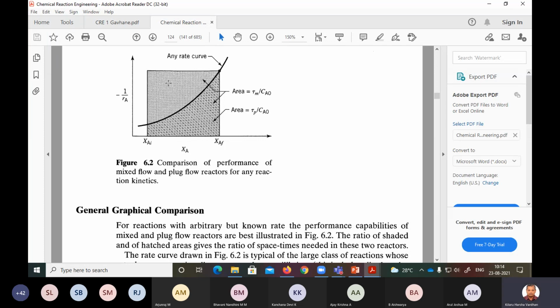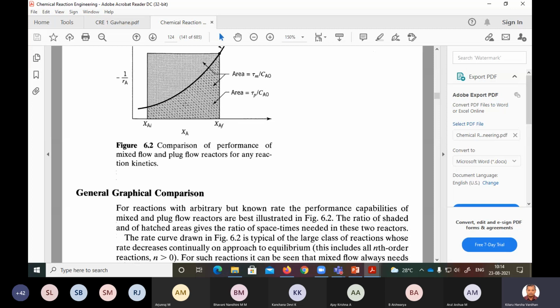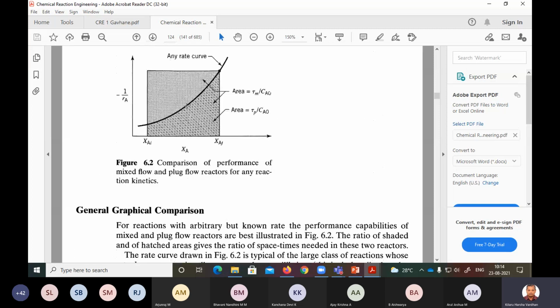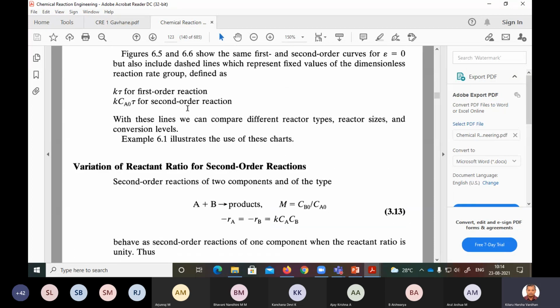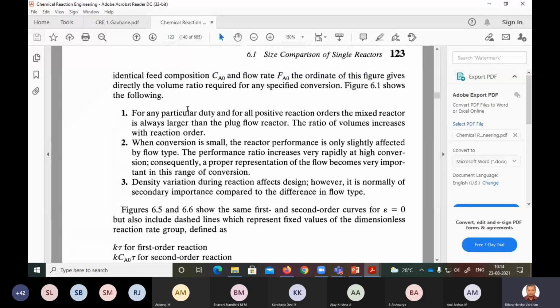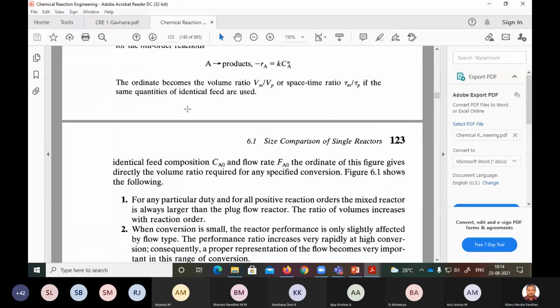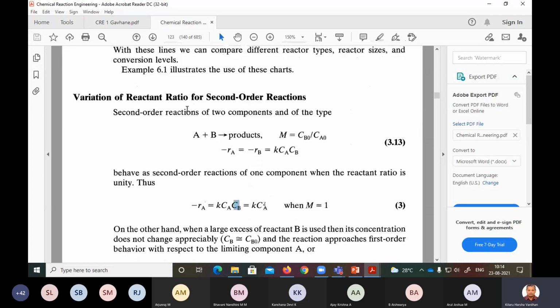In this graphical comparison, you can find out, but why is it like that? That is my question. So let us see now. This is only comparing one reactor at a time. In general, in process industries, you can have multiple reactors, not like multiple reactions.